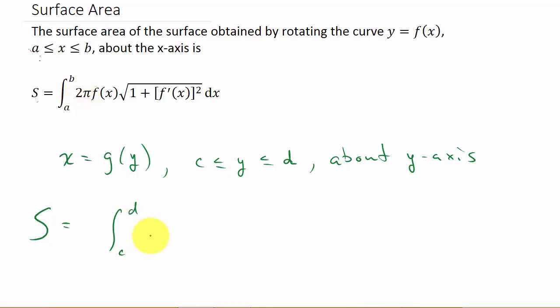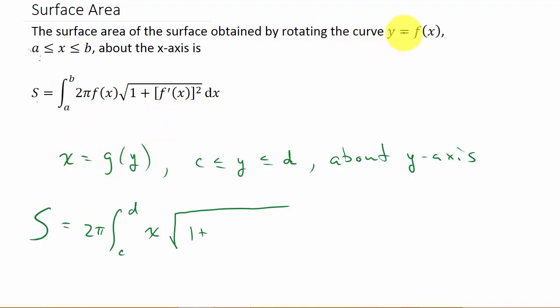And the 2 pi is in here, but what I like to do is just bring the 2 pi outside. Bring the constant term outside the integral. A lot of times it just makes it easier. And then that's going to be x times the square root of 1 plus, now we're taking the derivative of x with respect to y.